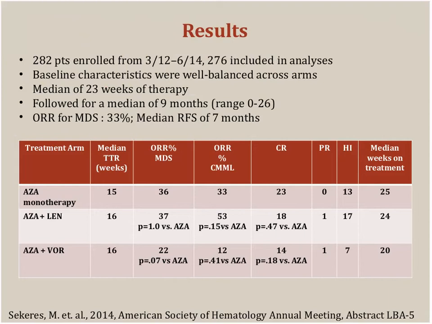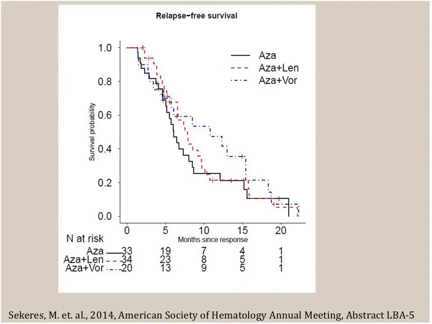And here you can see the CR rates amongst the 3 arms in this column here, and then the overall PR and hematologic improvement, and then the median weeks on treatment. You can see here a relatively modest number of weeks on treatment for these patients, suggesting that the patients exited the treatment group somewhat relatively quickly, in all 3 arms.